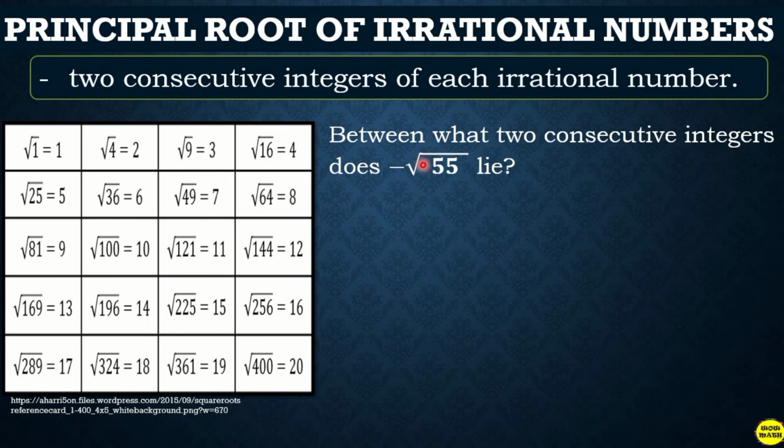So, I have here between what two consecutive integers does negative square root of 55 lie? So, ang negative niya ay nasa labas. Ang imposible ay kapag ang negative mo ay nasa loob. So, that is imaginary.